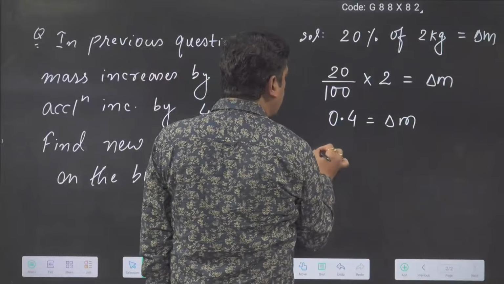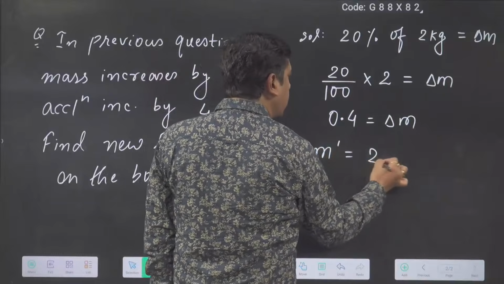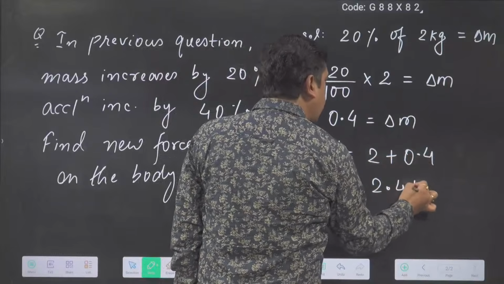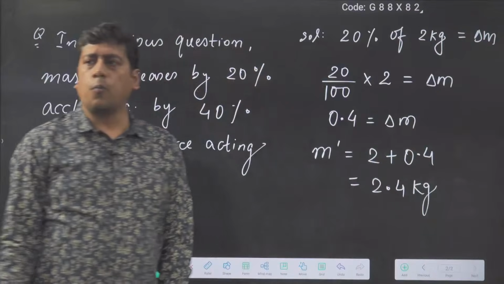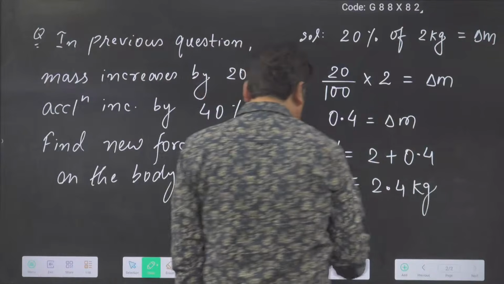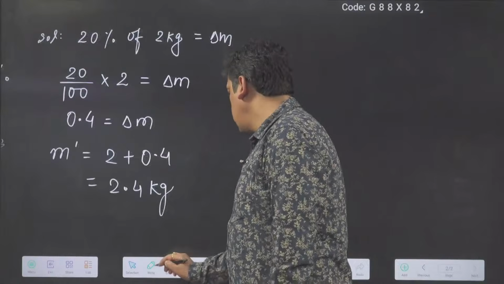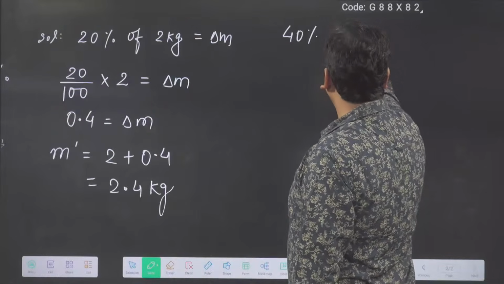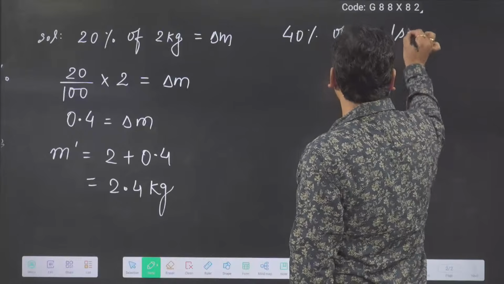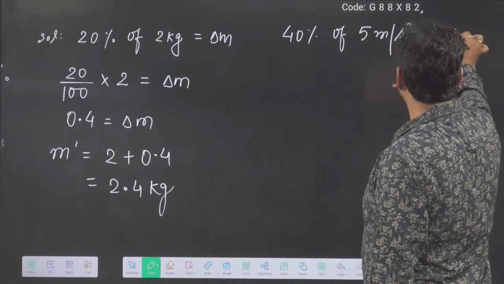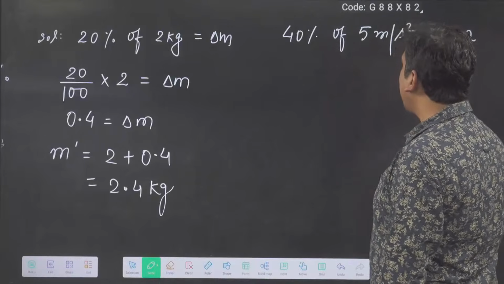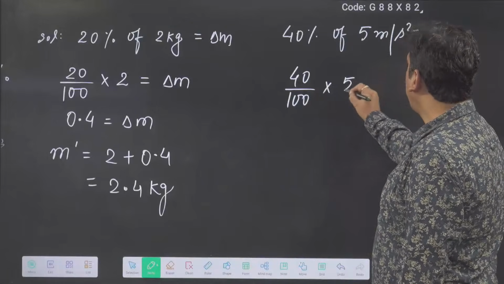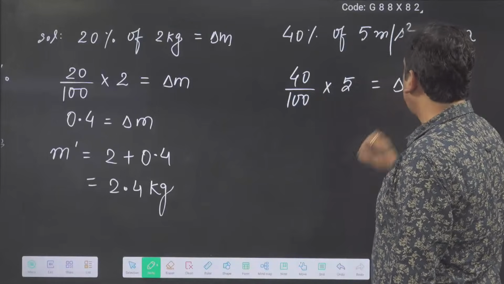Earlier mass was 2 kg, so our new mass will be 2 plus 0.4 equal to 2.4 kg. Similarly, 40% of 5 meter per second square is our increase in acceleration, which is 40 by 100 into 5. बताएगा बच्चा कितना है?